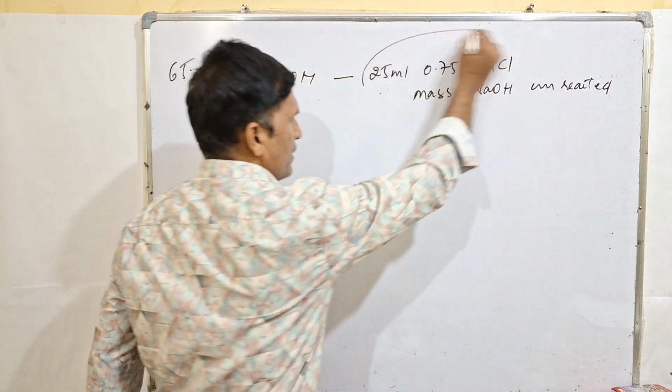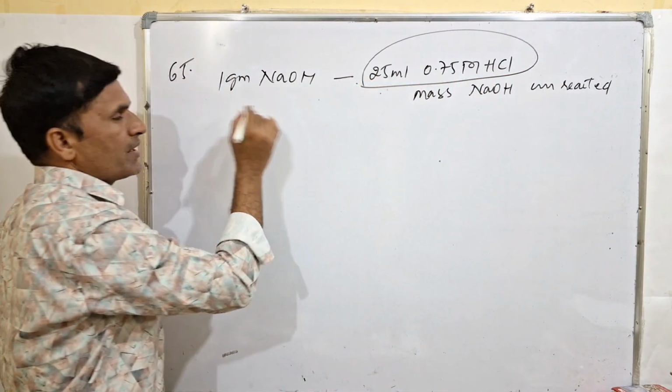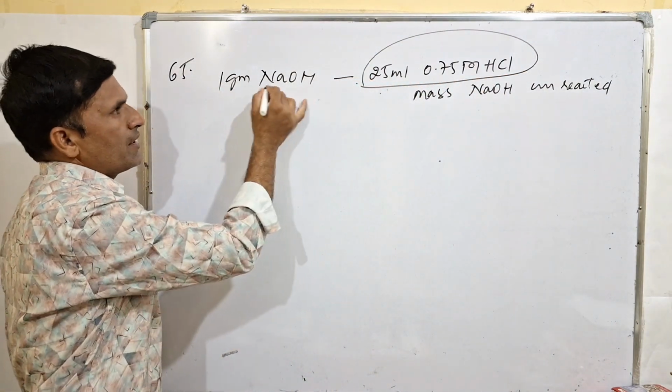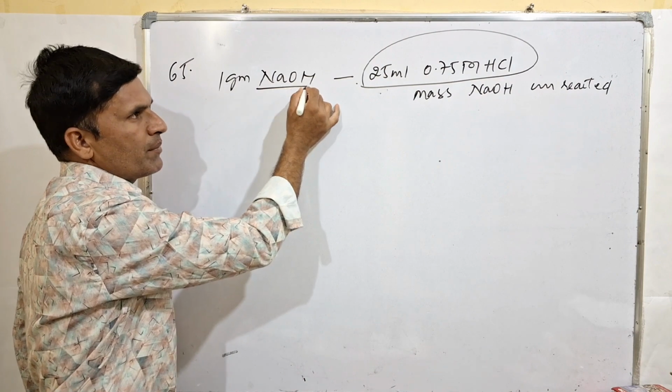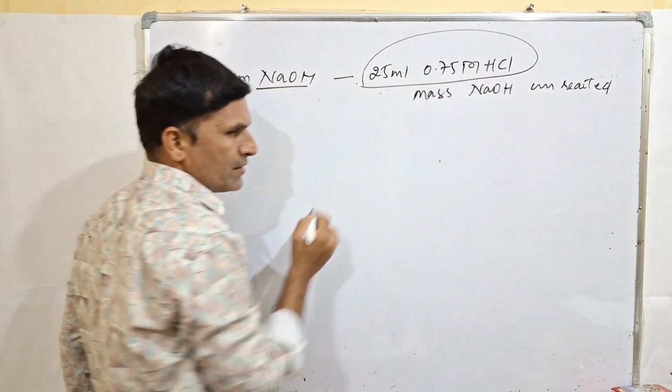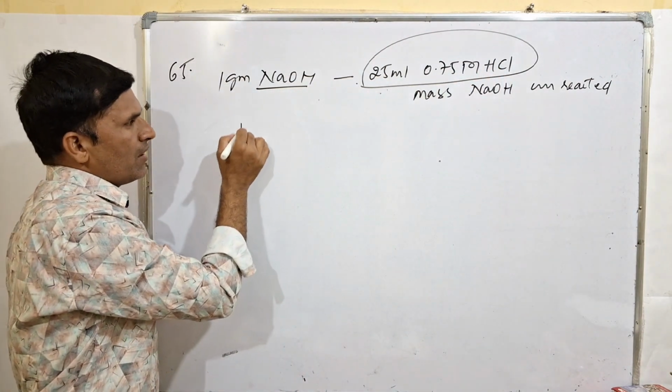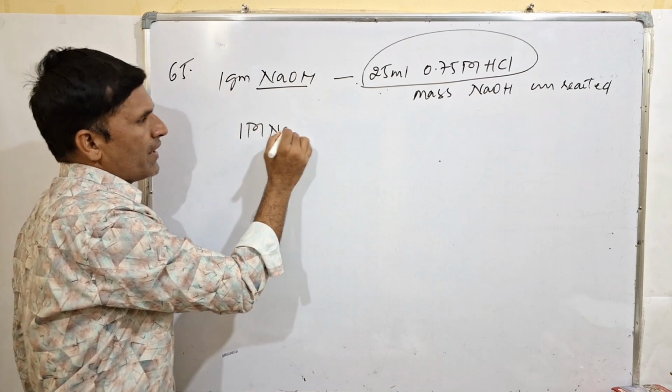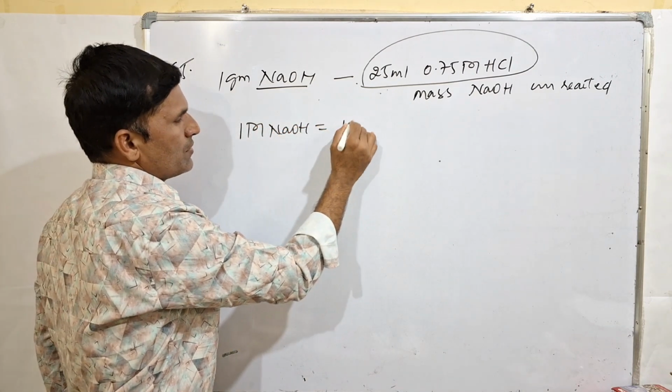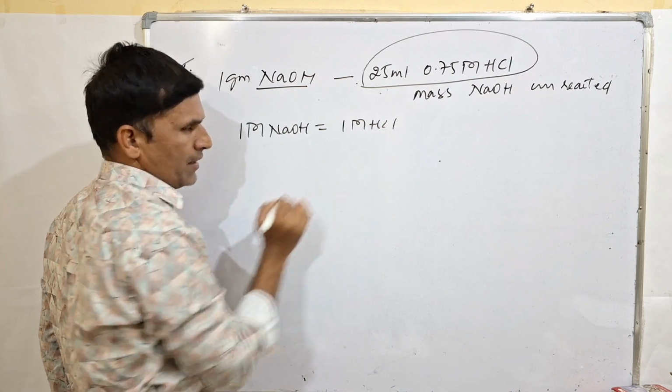Prior to converting this, let me make it clear that NaOH is a monoacidic base and HCl is a monobasic acid. So therefore, 1 mole of NaOH always reacts with 1 mole of HCl.